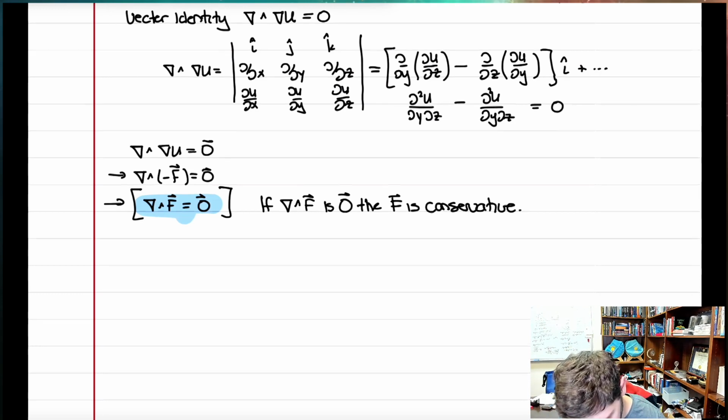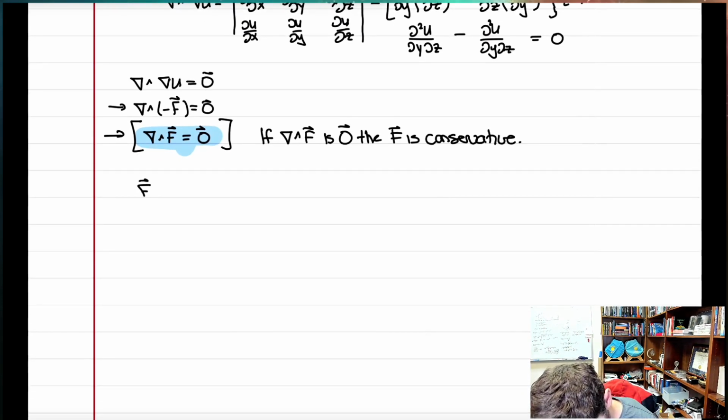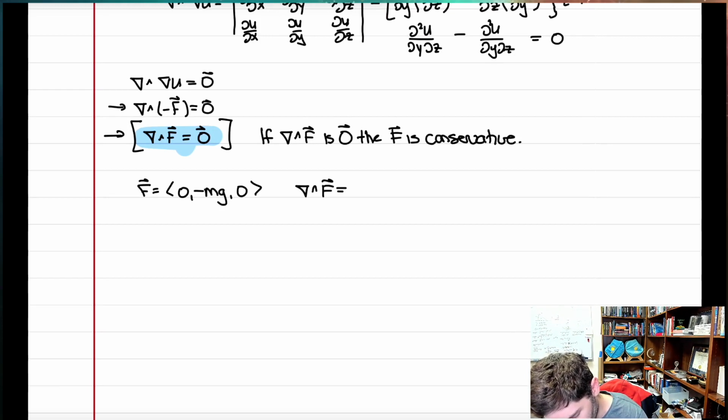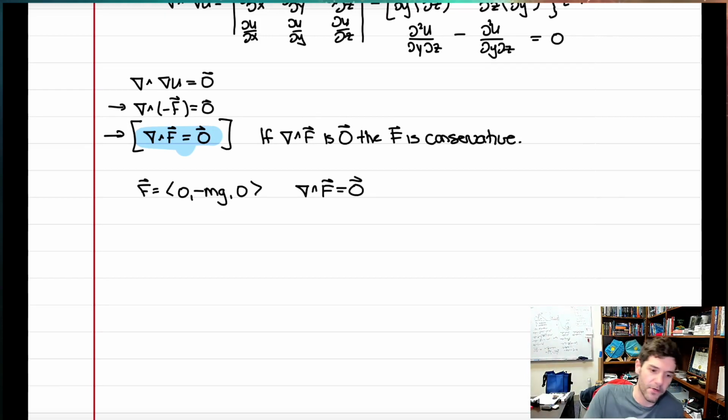For example, a kind of trivial example, if the force is negative mg, which is a constant, in the y direction, say, well then clearly this is going to be true because the curl is always going to involve some sort of partial derivative, but since this is a constant, whatever partial is going to turn everything into a 0 if it's not already.